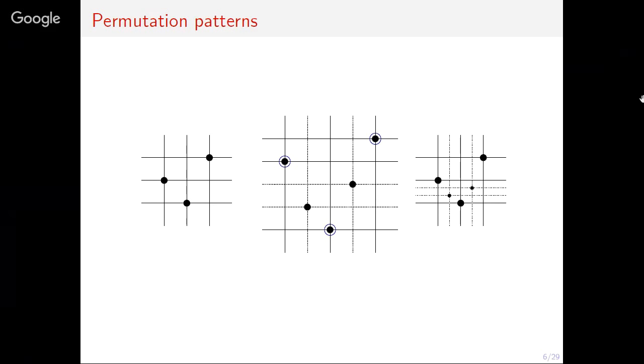These highlighted dots here, this is an occurrence of the permutation pattern. As you can see, if we stretch this graph such that it forms the same kind of figure as the permutation pattern, then we have an occurrence of the pattern. So 42135 contains 213.